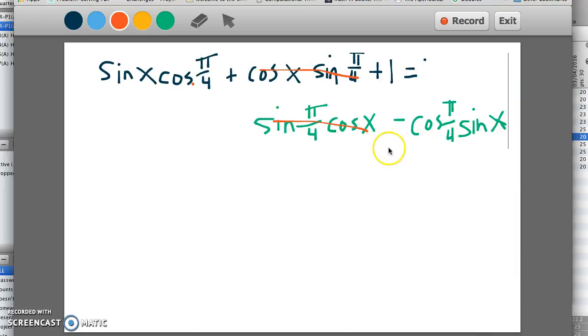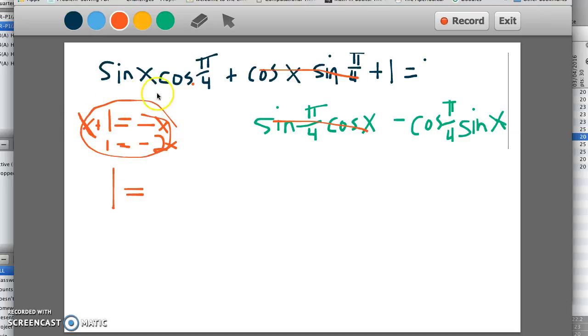Since it's a like term, we can subtract it from both sides, and that'll cancel it on this side. We'll just get 1 equals what remains. If you think of this as x plus 1 equals negative x, you'd subtract x from both sides and get 1 equals negative 2x, since negative x minus x is negative 2x.